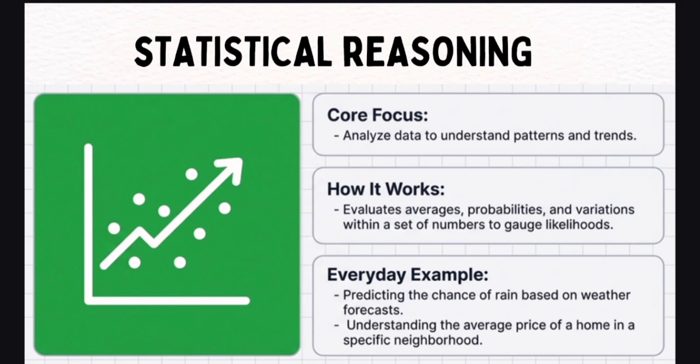For example, predicting the chance of rain based on weather forecasts, then understanding the average price of a home in a specific neighborhood. So this is statistical reasoning. Here the focus is on patterns and trends.